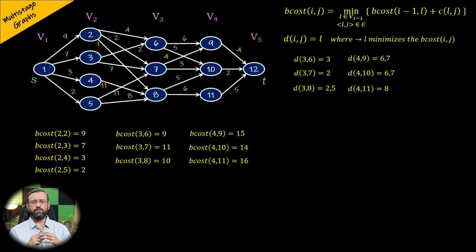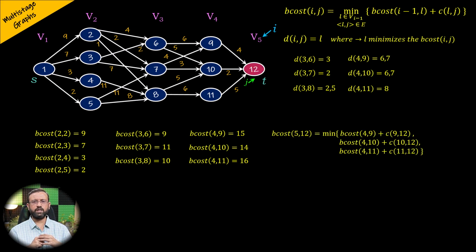Now we have to compute the cost of the path for the vertex in stage 5. So we have to compute the cost of the path from stage 5 and vertex 12, which is b cost of 5 comma 12, since i is the stage, which is 5, and j is the vertex in that stage, which is 12, and is equal to the minimum of the b cost of 4, which is the previous stage, and vertex 9 plus the cost of the edge from vertex 9 to vertex 12.